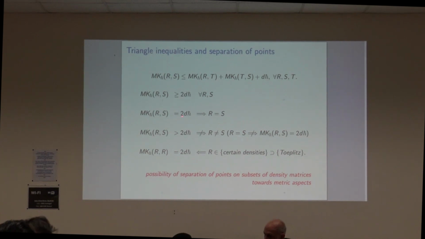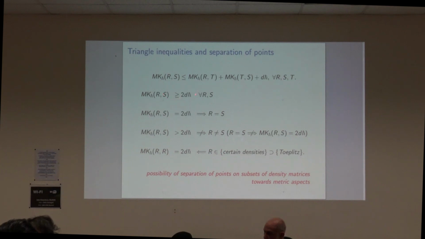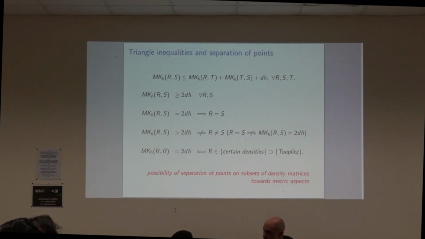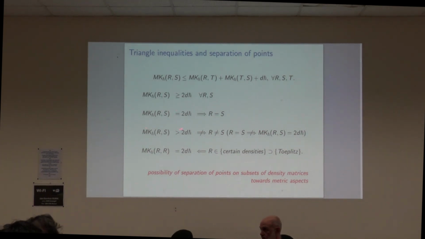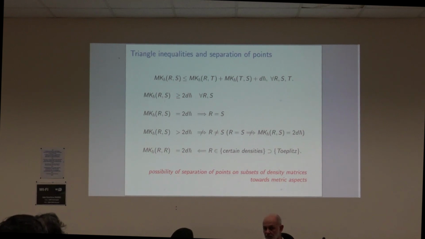Anyway, so you get this, and still it separates points, in the sense that if it's equal to the minimum, of course you could say, well, that's fine, I just subtract the 2D H bar and I will be fine. It's partly true, because if you get the minimum, then ρ and σ have to be equal. So it separates points.